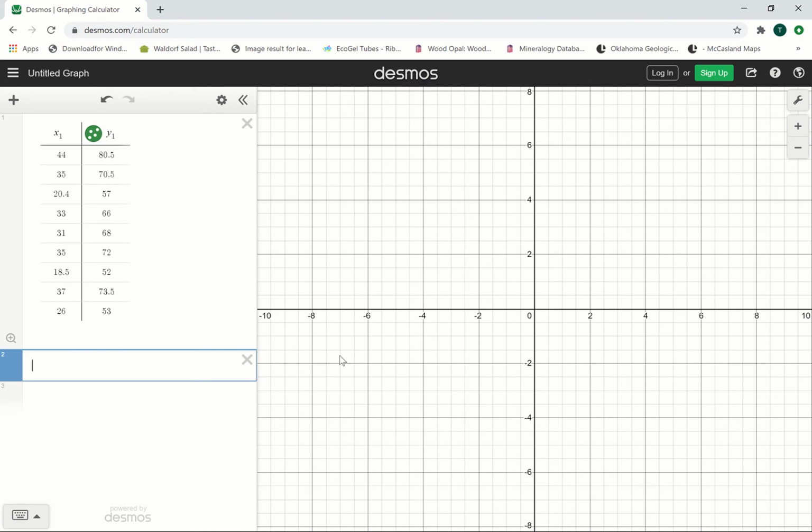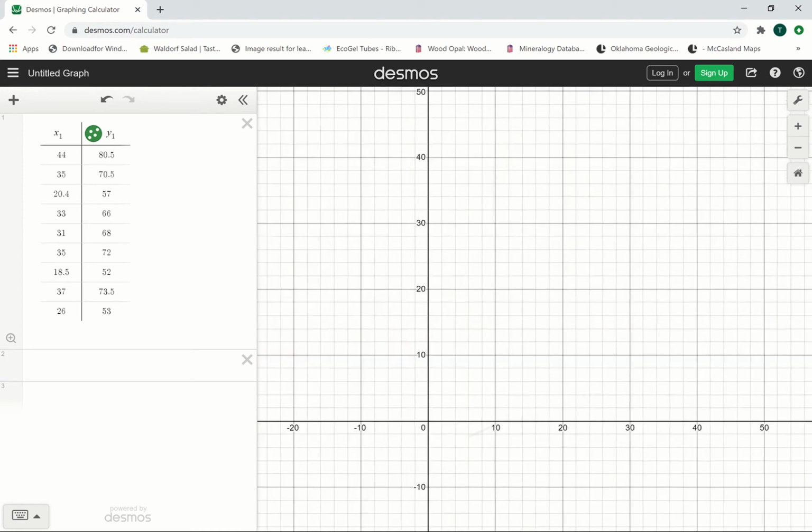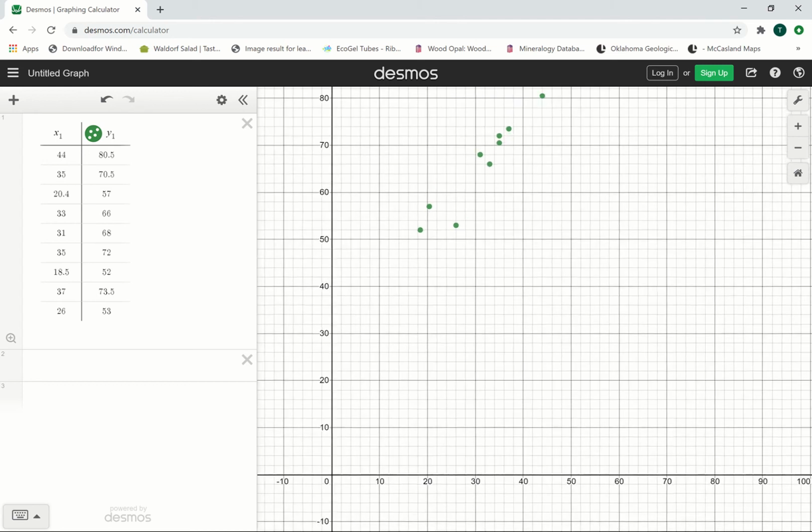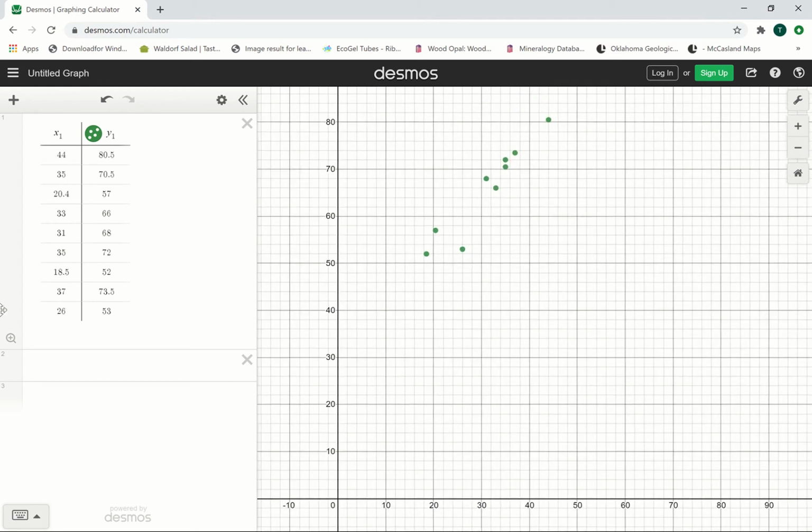Okay, so I'm going to zoom out and move over to a point where I can see all of my chirps. There's all my chirps. So what I am going to do now is find the line of best fit. But first, I'm going to want to talk about what the line of best fit is.